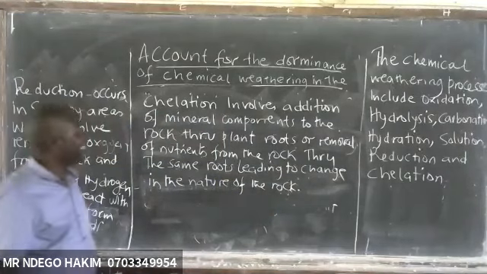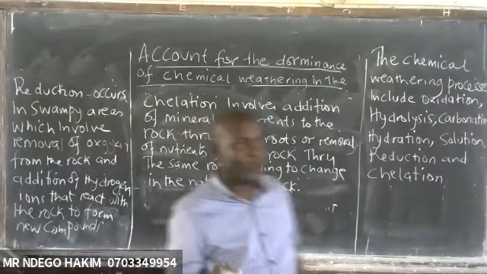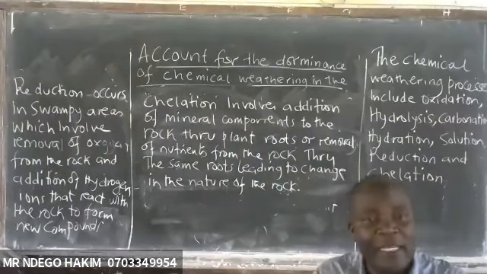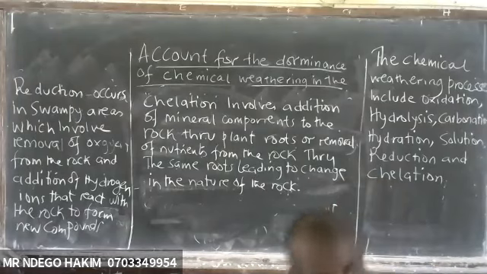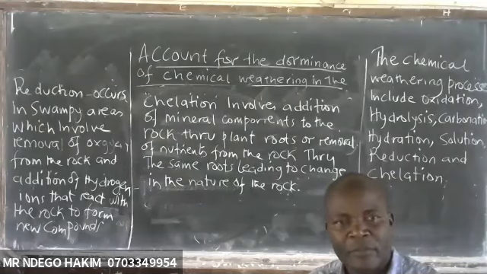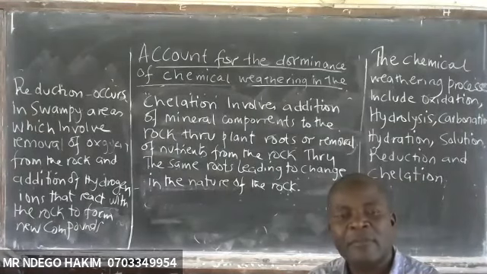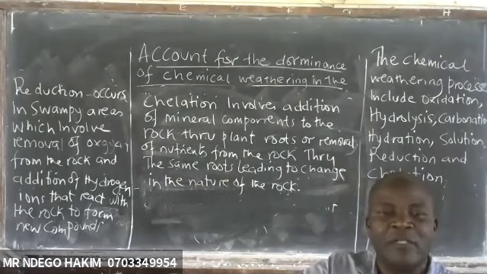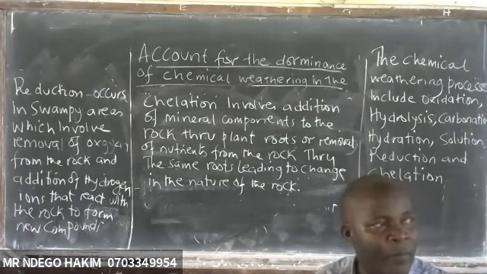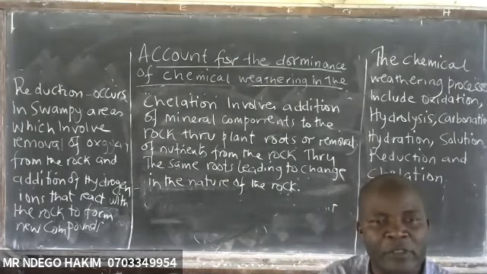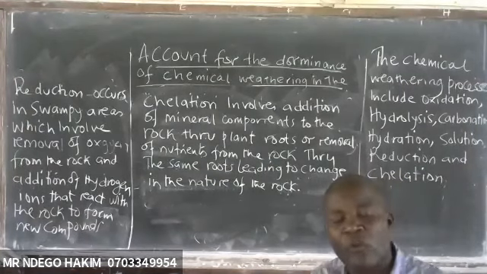So that is chelation. The chelation process is common in densely vegetated areas, areas with dense vegetation. Here, these plants have roots. So these roots can extract mineral components from the rock and sometimes add mineral components to the rock through the same roots.